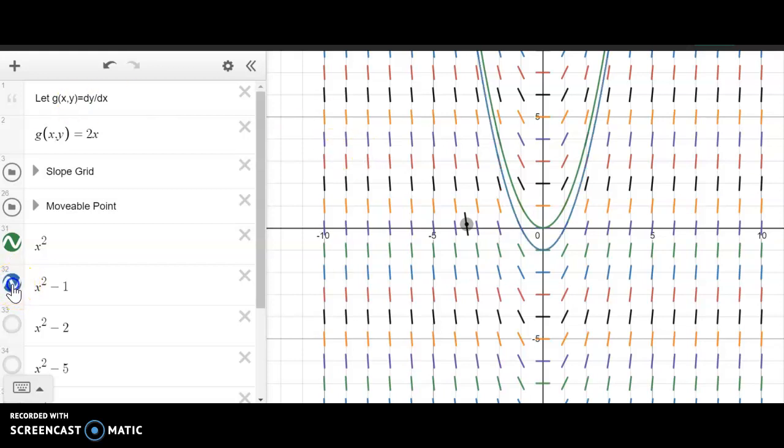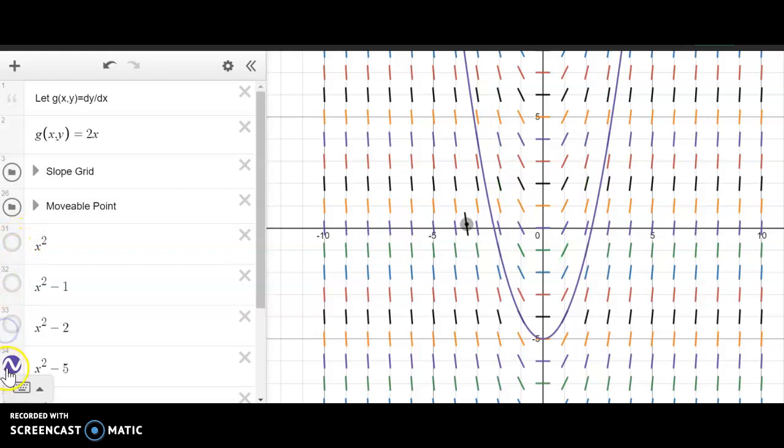So you can see I can add in more pieces, and all of them will fit. Look, everything has a slope of 0 at x equals 0, so it's flat here. So all these parabolas that I'm going to put in here are flat. So what the slope field does is it gives us a way to visualize what all the solutions would look like.